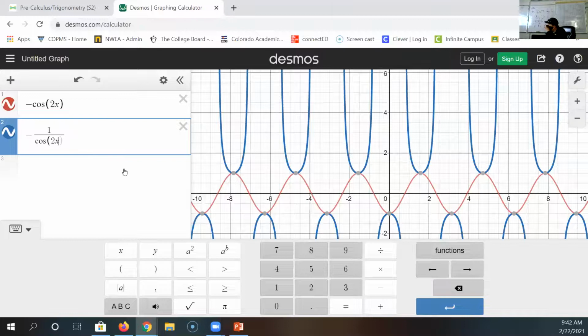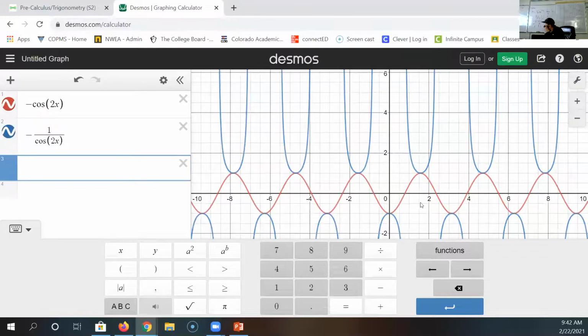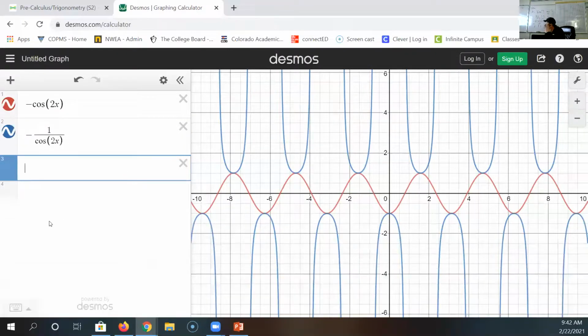And look at this. So the maximums of what correspond to a cosine, if we're just looking on the positive side of the x-axis, you can see our maximums become the minimums. This is where we're intersecting.